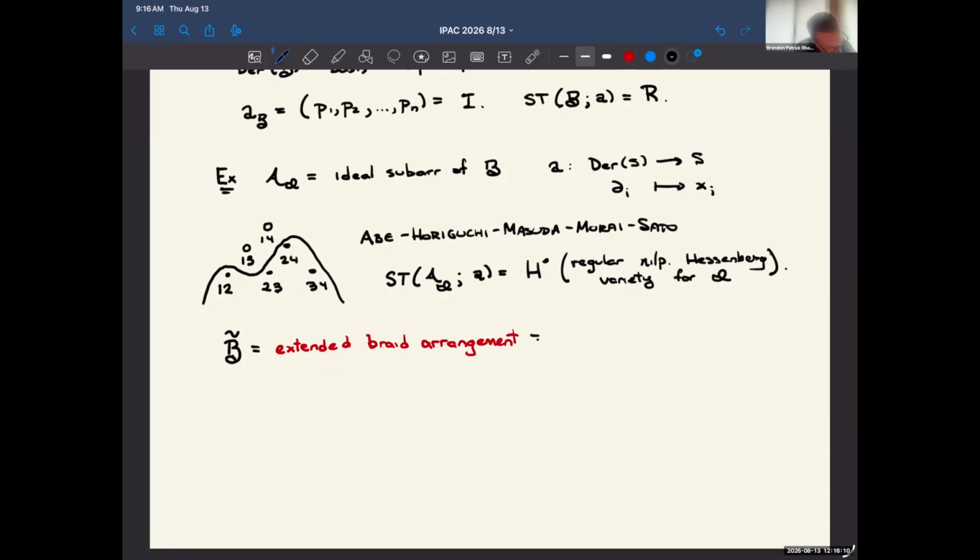And it's going to have all the hyperplanes of B together with the coordinate hyperplanes xi equals 0 for i between 1 and n. And just like the braid arrangement itself, the extended braid arrangement really should be thought of as living in a poset.